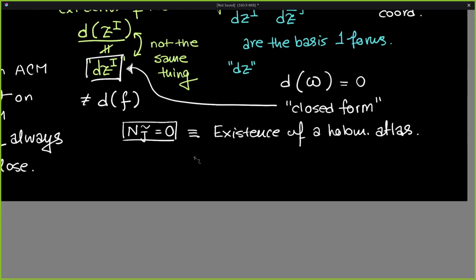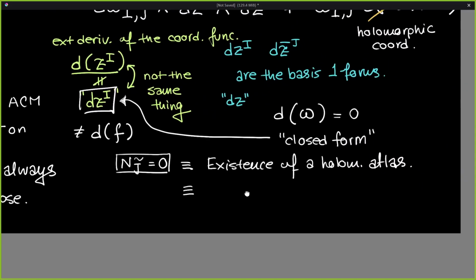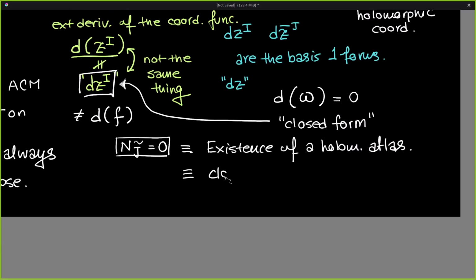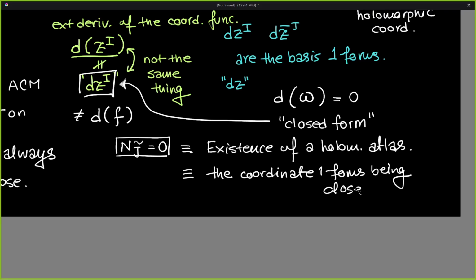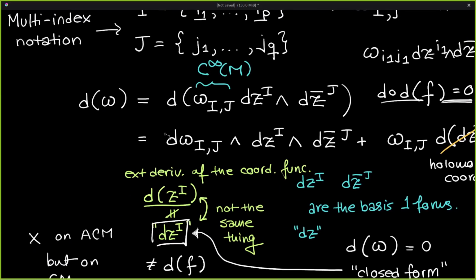But it's also equivalent to the coordinate one forms being closed. And therefore, this is 0. So we only have to worry about this term. All of that hullabaloo just to say that we only have to worry about this term.